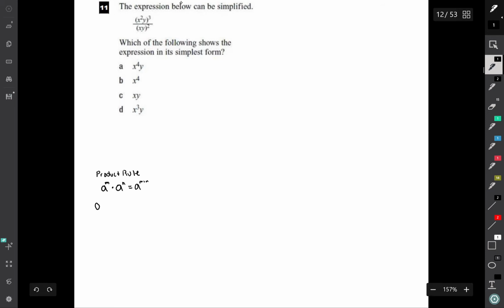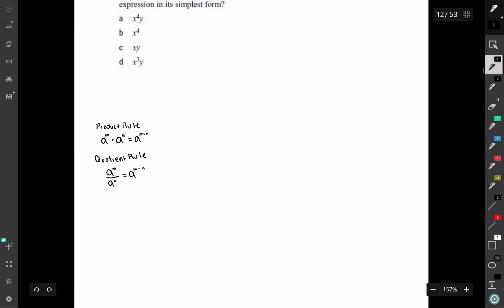All right, now the quotient rule is when we're dividing two powers. So if I have a exponent m over a exponent n, that's going to result in a exponent m minus n. And then there was the power of a power rule.